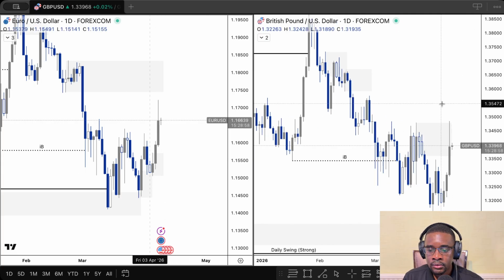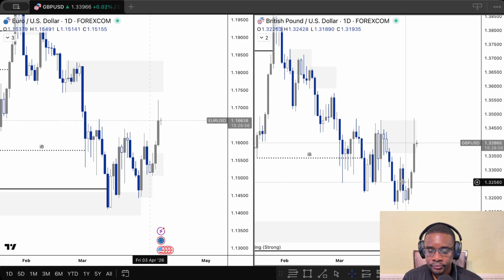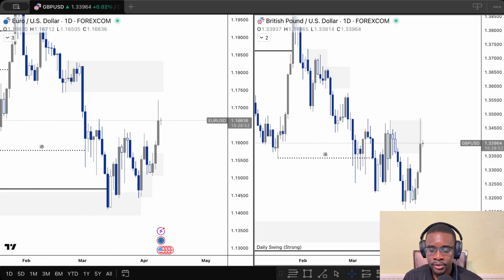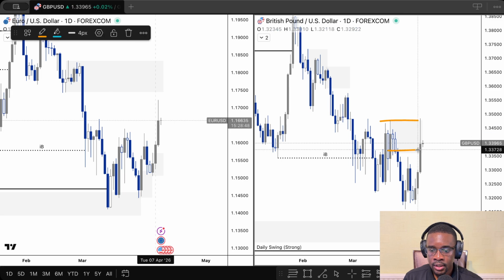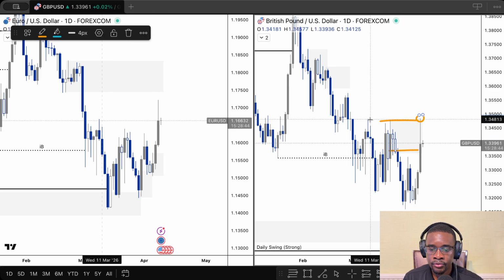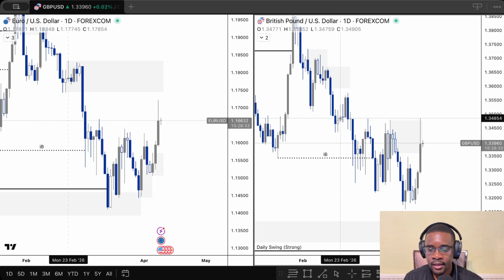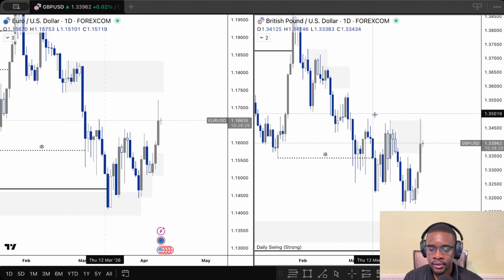And then on the pound dollar, we've had our structure breaks on the internal, which is bearish, but now we're starting to see supply areas fail, even by the slightest. Supply areas have failed, and then we swept these relative equal highs. We swept this high, and then we've created relative equal highs right there as well.